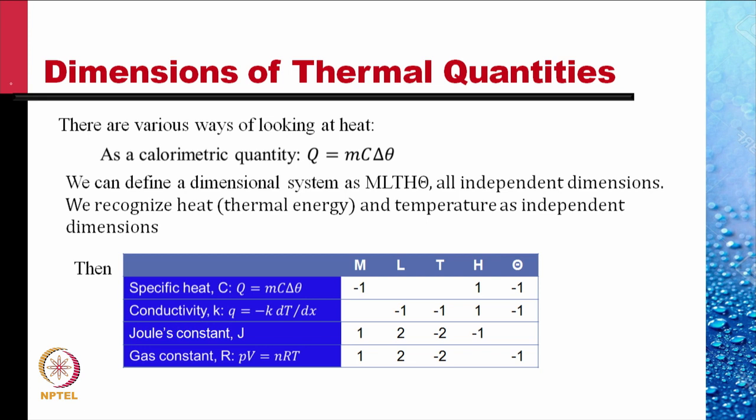Heat is defined purely as a calorimetric quantity, and the relation is Q equals m c delta theta, mass times the specific heat times the change in temperature, is the quantity of heat that gets transferred to a body when its temperature rises by delta theta.